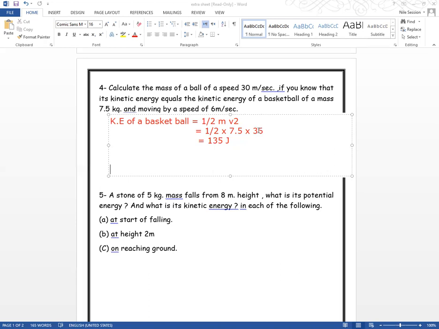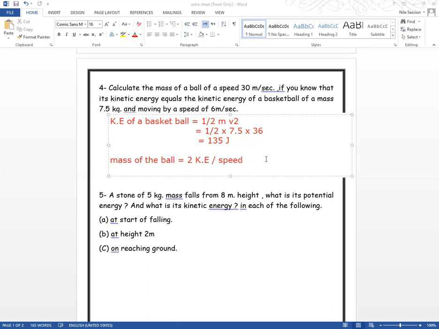So the mass of the pole equals kinetic energy divided by speed to the power 2, divided by half.